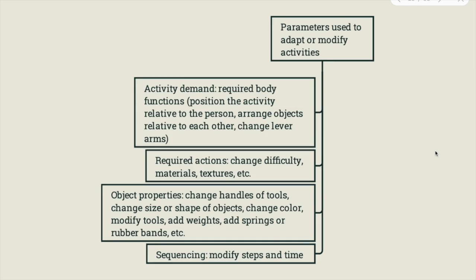You're going to want to look at their body functions and position and arrange objects relative to each other. Required actions: change difficulty, materials, object properties, change handles of tools. Sequencing: modify steps in time. Obviously these are three areas where adaptation takes place in a therapy session and are very important to consider when working with a client.